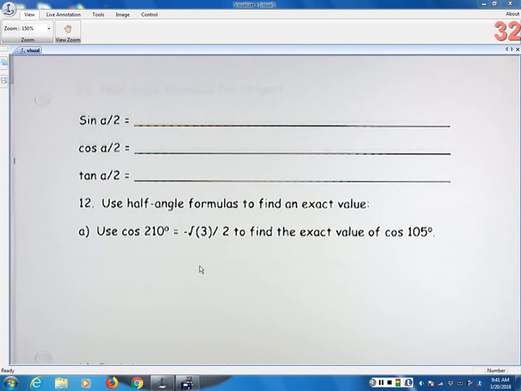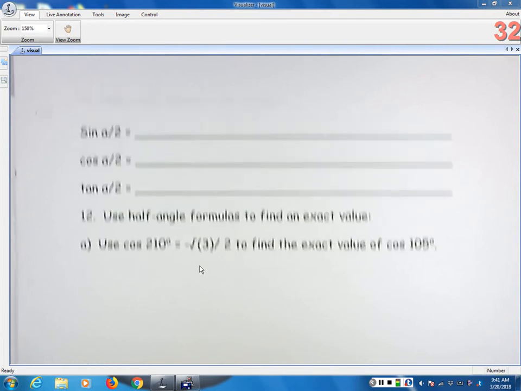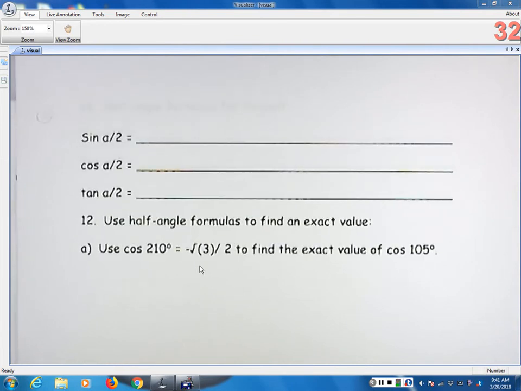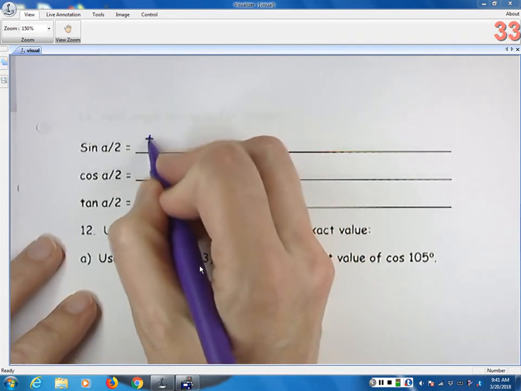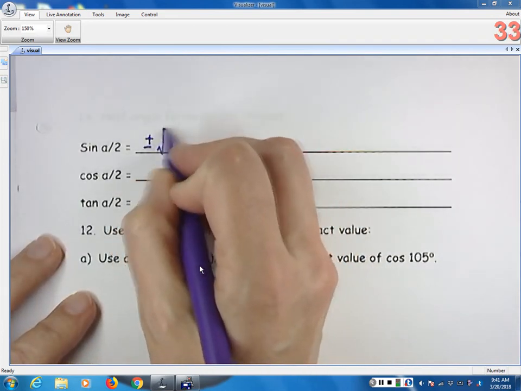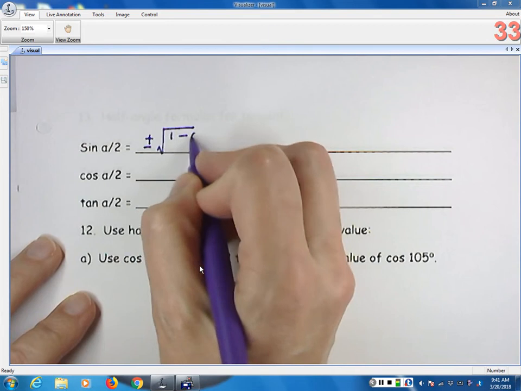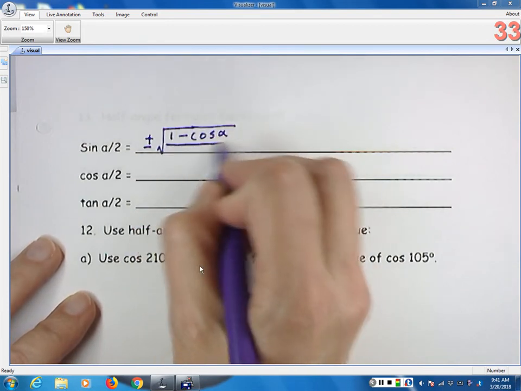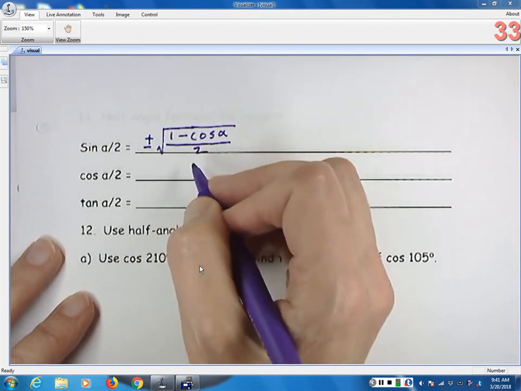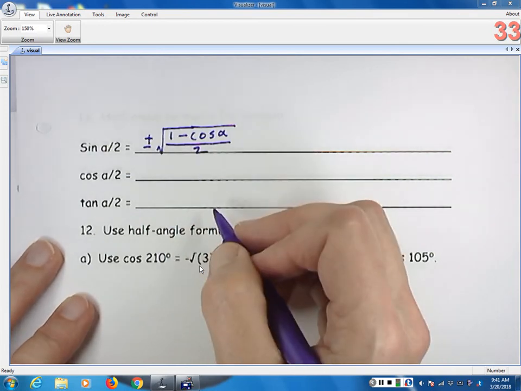Okay, so the next thing is half angle formulas. They say they're plus or minus the square root of 1 minus cosine alpha divided by 2.